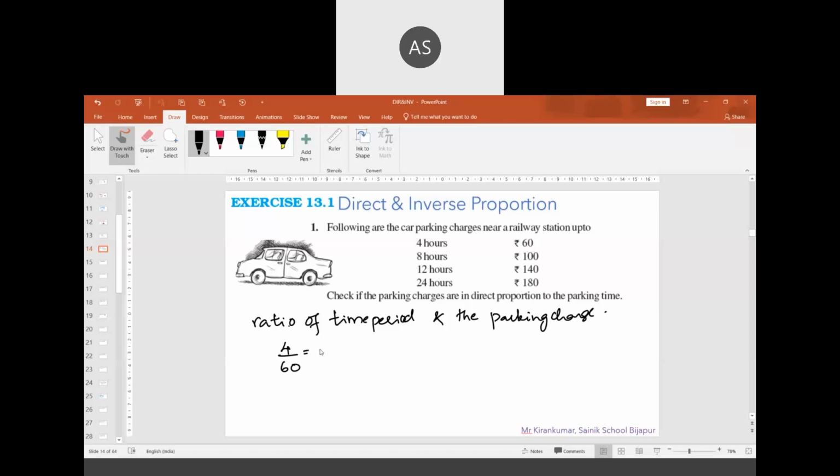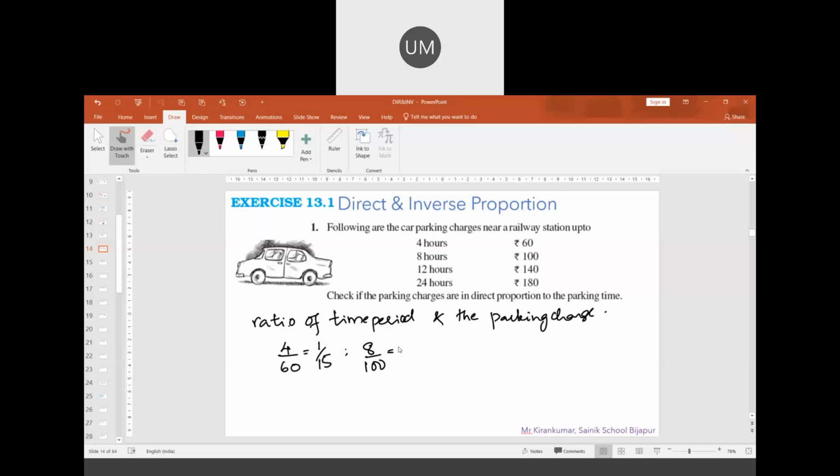Sir, if you leave the car for more hours, then the amount for 1 hour will decrease somewhat. Let's see this here. First, we shall find these ratios.